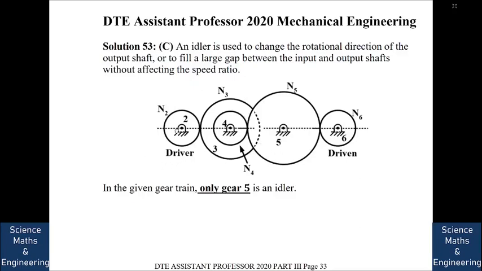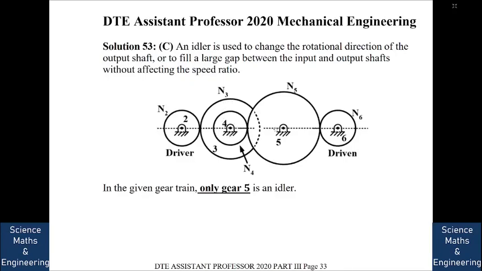Okay. Now see here, once 2 is moving, 3 is a bigger wheel. So from 2 to 3 there will be a change in the speed ratio. Now because 3 and 4 are attached to the same shaft, the RPM of the third wheel would be the RPM of the fourth wheel.